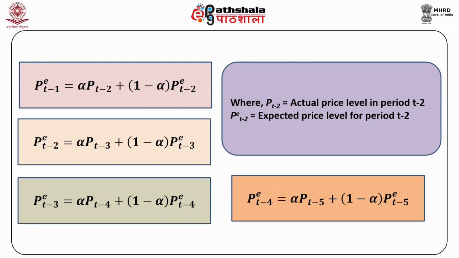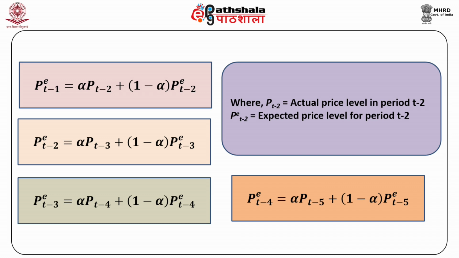Similarly, we can formulate the mathematical equations for the predicted price levels for all the previous periods given as follows. Pt-2^e = alpha Pt-3 + (1 - alpha) Pt-3^e, given as equation 4.